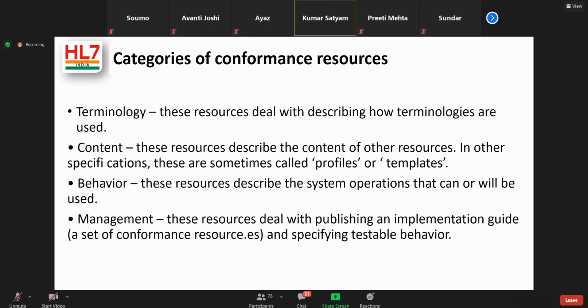But then you say that I accept gender and anything is fine. So somebody might send M, somebody might send 0, somebody might send MLE male. So though they are sending the codes for gender only, the systems may not be able to understand each other. So that's where the difference is.